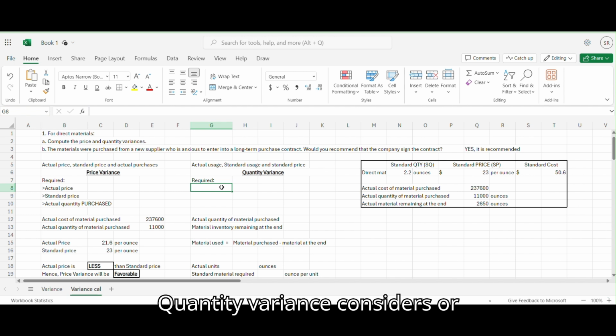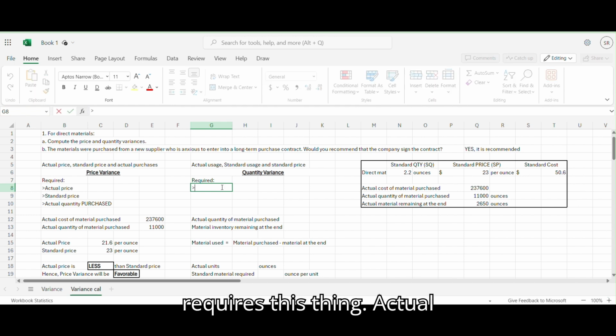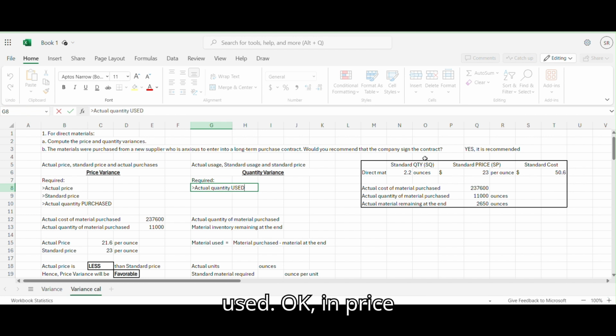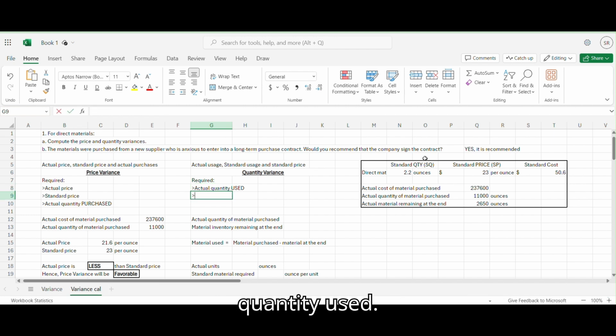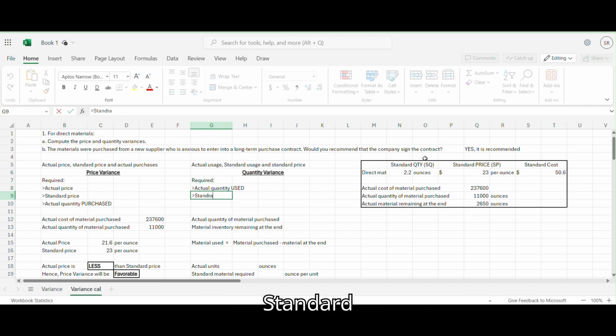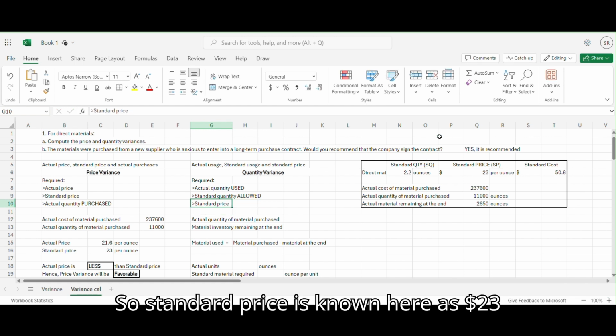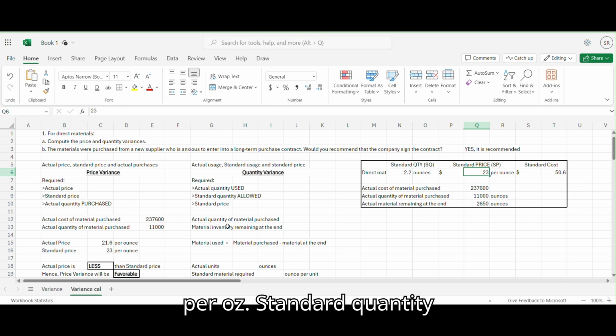Quantity variance requires these things: actual quantity used. In price variance it was actual quantity purchased; here it is actual quantity used, standard quantity allowed, and standard price. Standard price is known here as $23 per ounce.